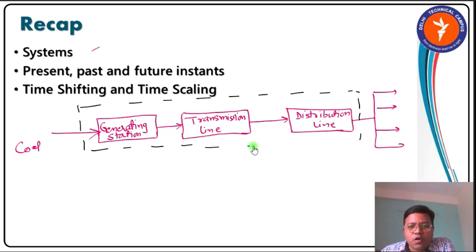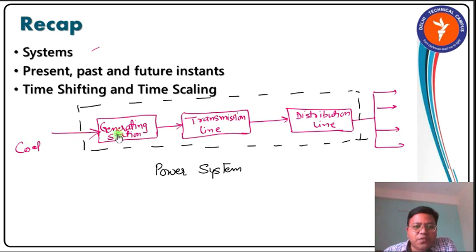So we saw that the systematic arrangement of these three components can constitute a power system. If I interchange any two of these components, say I bring the distribution line here and take the generating station there, then the coal cannot be fed to the distribution line, the output of the distribution line cannot be fed to the transmission system, and similarly the output of the transmission system cannot be fed to the generating station.